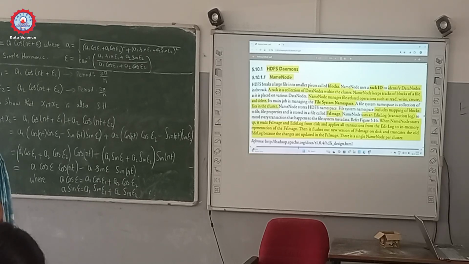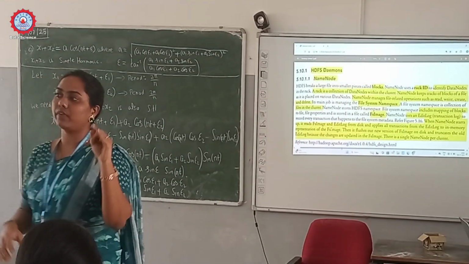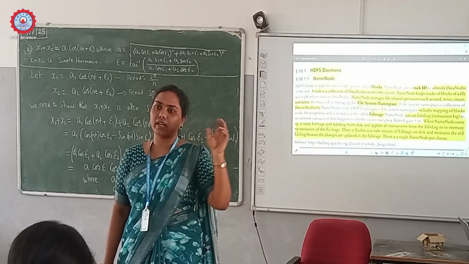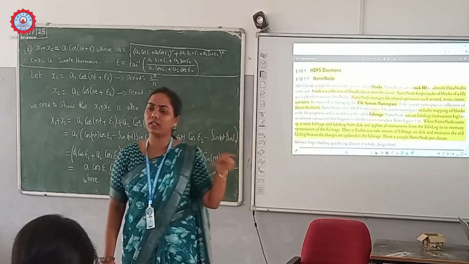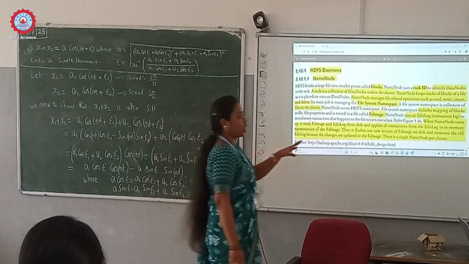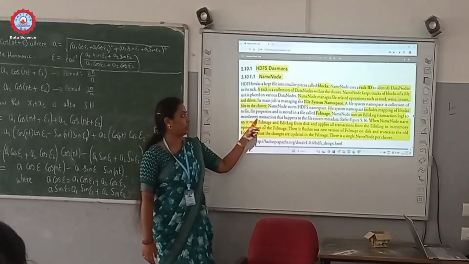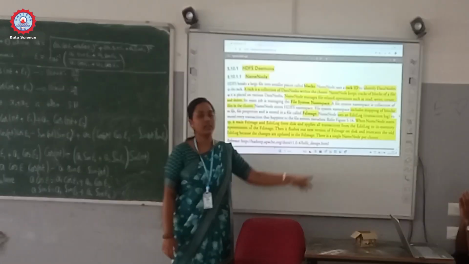What are the data related to that particular block of storage: the size, when it was created, when it is going to be edited. Who is the authority, the name and access rights and all those things will be maintained by the log file, that is the edit log, the transaction log, which records every transaction that happens to the file system metadata.